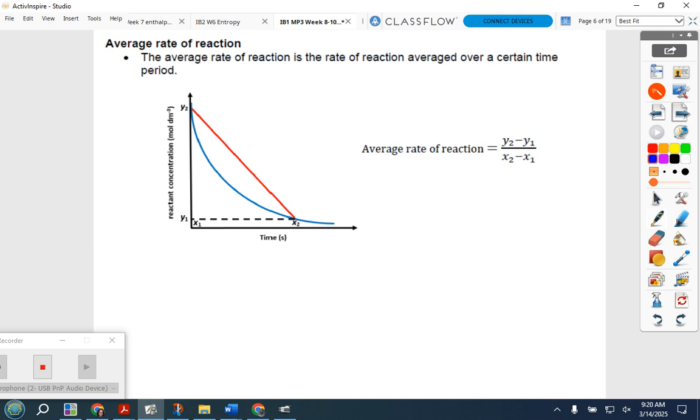So this is also the kind of thing that if you weren't taking data over time, if all you had was an endpoint for your reaction, like when it stops bubbling or when it changes color, this is the only data you would get. You wouldn't be able to track it over time, but you would be able to calculate an average rate of reaction. There are certain reactions, and we'll probably do one of these, I'll at least demo it, if not have you do it, called clock reactions, where you mix the reactants and it takes a certain amount of time, and then all of a sudden, boom, it changes color.